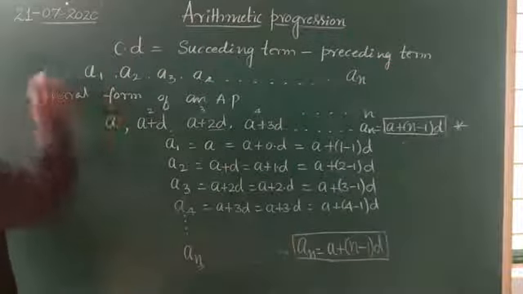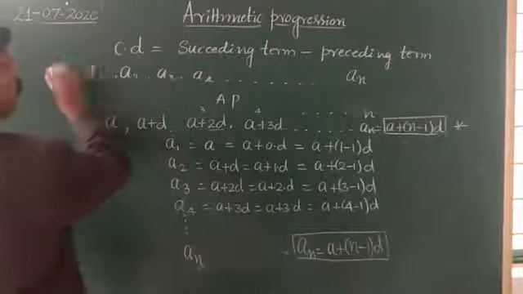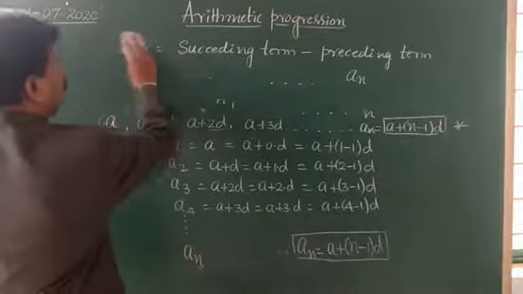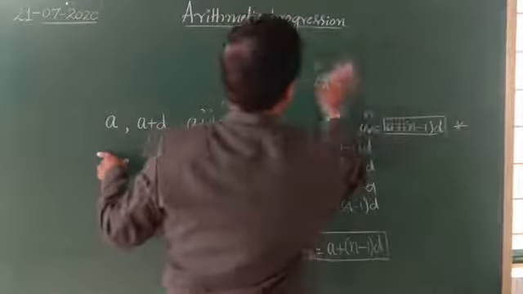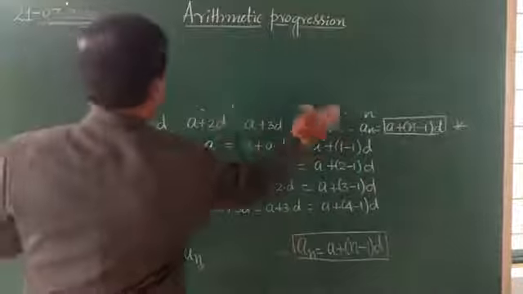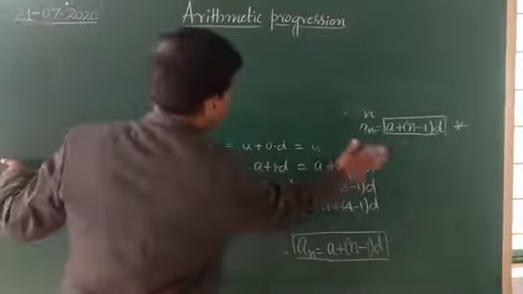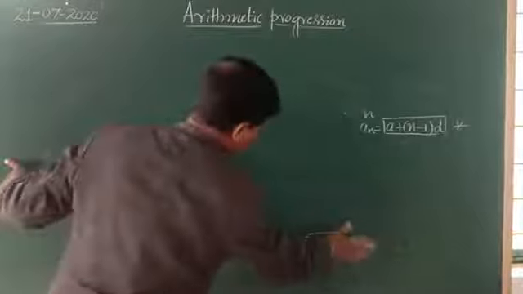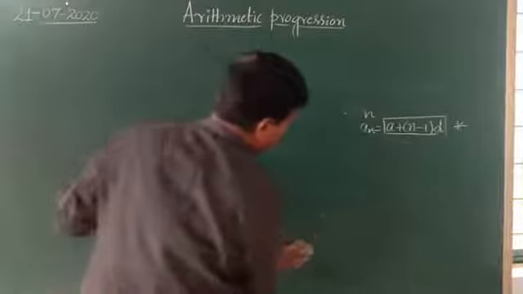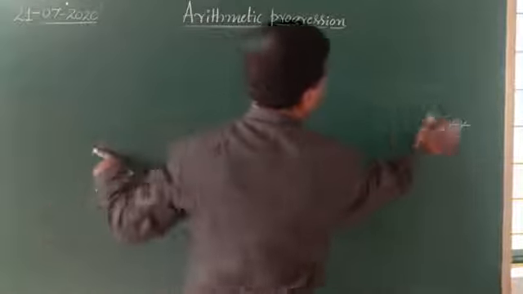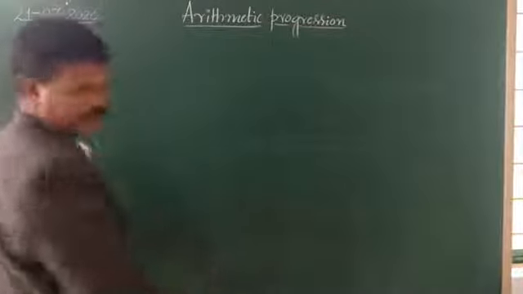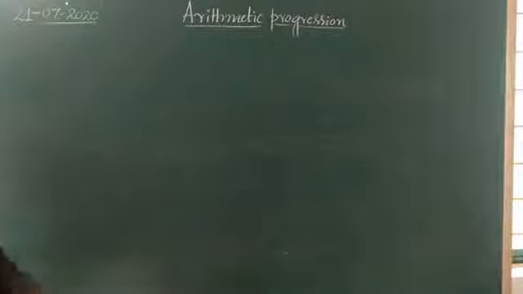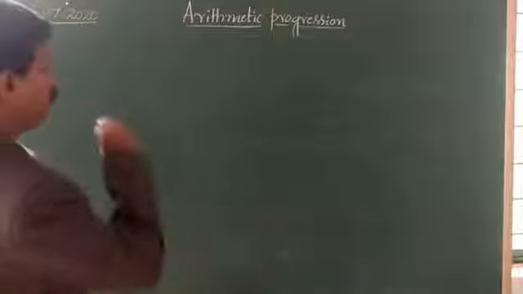Right? Now, next thing is they are providing the AP. Then we have to check whether the given set of numbers are in AP or not. So for that we should find out the common difference and check whether the differences are same.